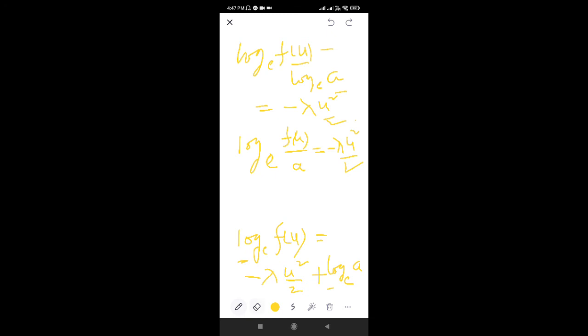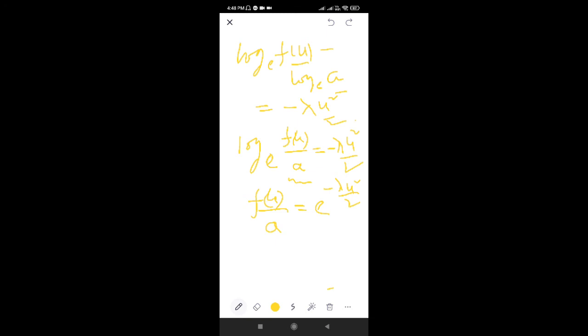Now, come on, tell me, what is the value of f u by a? Here I am using another formula. If log x is equal to some b, then x is equal to e power b. I think you know this formula as well, isn't it? So f u by a is equal to e power, because this is e based logarithm, e power this RHS.